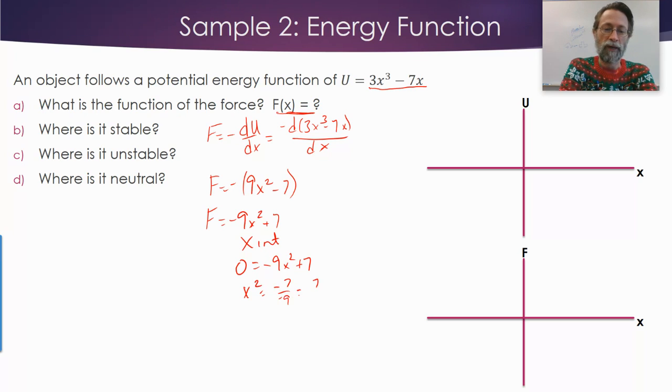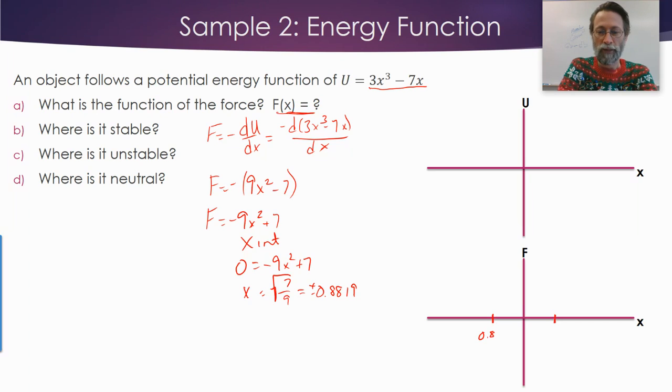Get rid of my negative signs, and then I square root that to get rid of my squared value in order to solve for x. When I square root that, I get plus or minus 0.8819 for that value. So I know that that is where the object is going to cross at the x-intercept here.